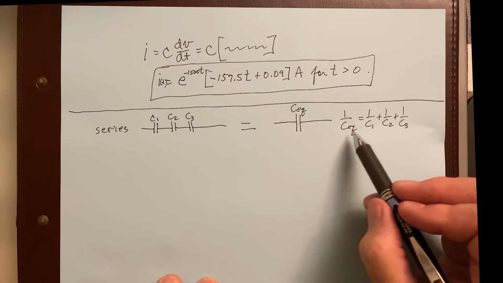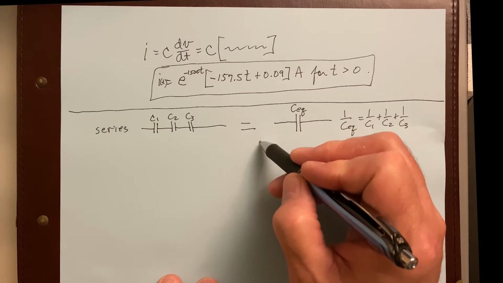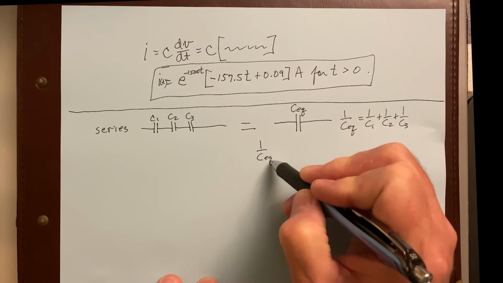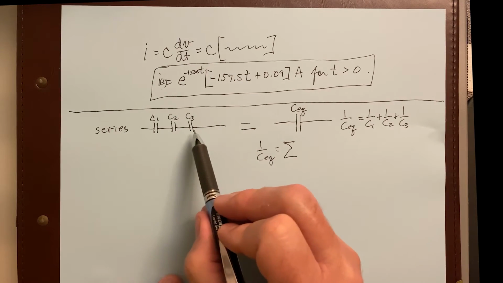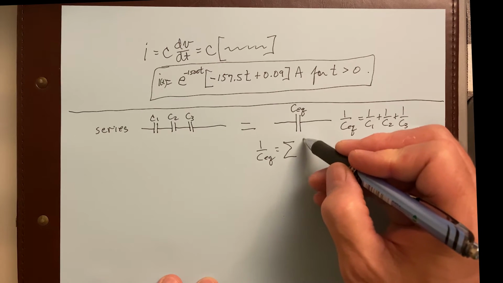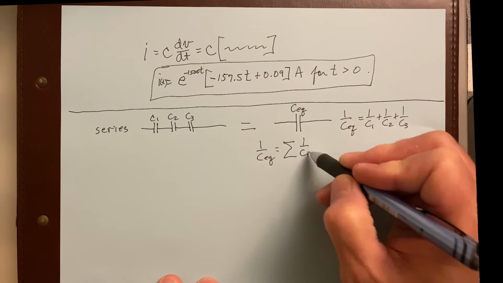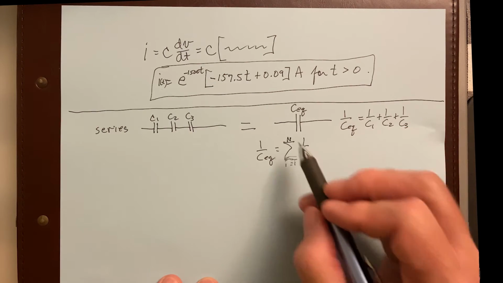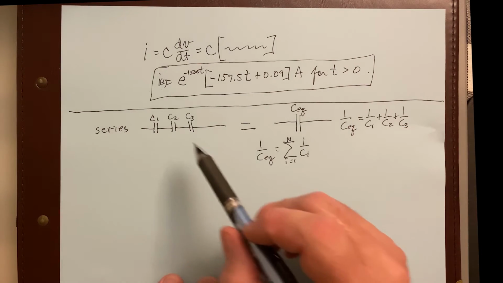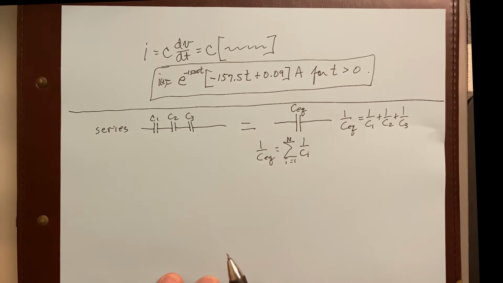So you could combine those together and solve for CEQ. In general, 1 over CEQ is going to be equal to the sum of the 1 over C sub i's, where i is equal to 1 to N, where N is the number of capacitors that you have in series there.